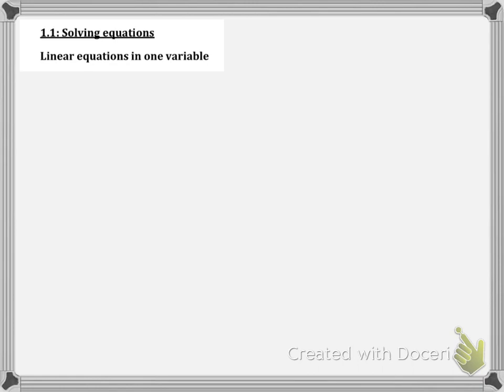Okay. So we're also going to solve linear equations in one variable. Again, this is likely review, I hope. We want to talk first about how many solutions a linear equation can have. It can have one solution, which is what we usually think of when we think about solving an equation.